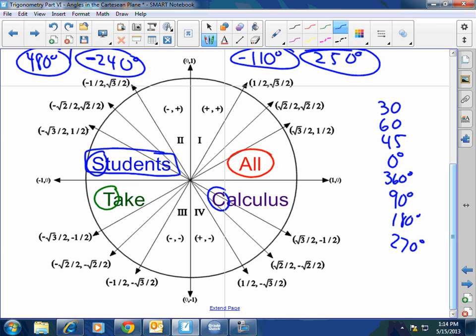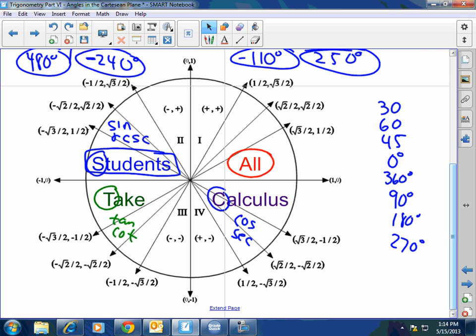Second quadrant, only the sine and cosecant are positive. Third quadrant, only tangent and cotangent are positive. Last quadrant, only cosine or secant are positive. Everything else is negative when it lands there, okay? You guys with me so far?